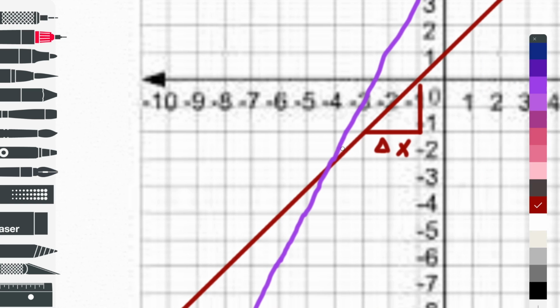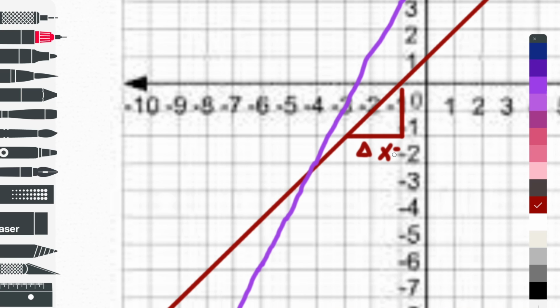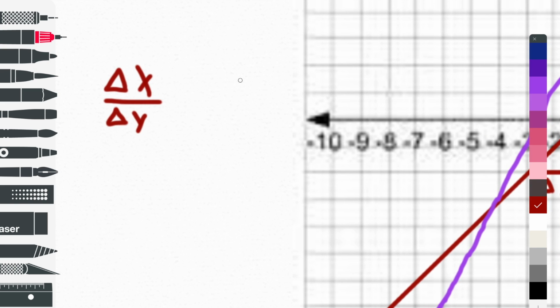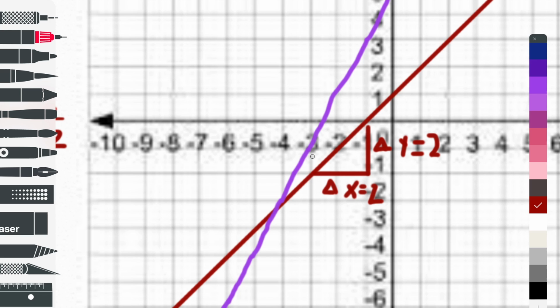So in this situation, the change in x equals 2, and the change in y is also 2. So change in x over change in y is 2 over 2, or you can just call it 1. So the steepness of this slope here is 1.